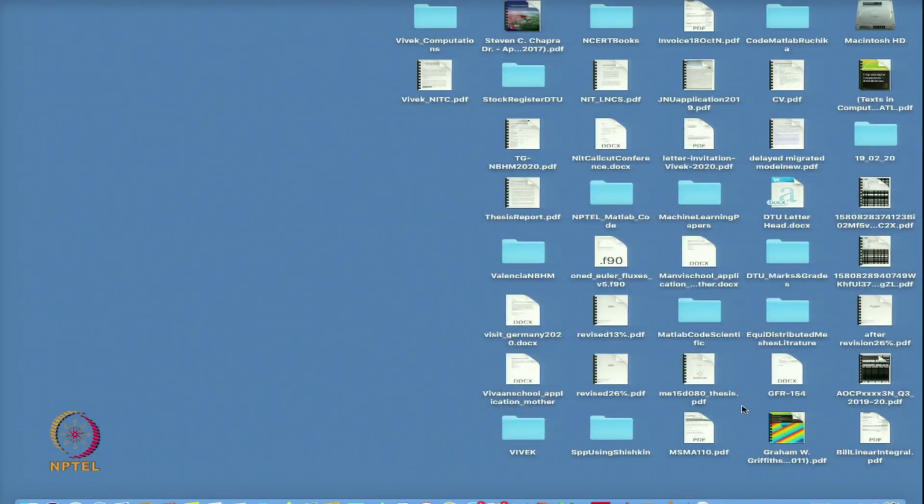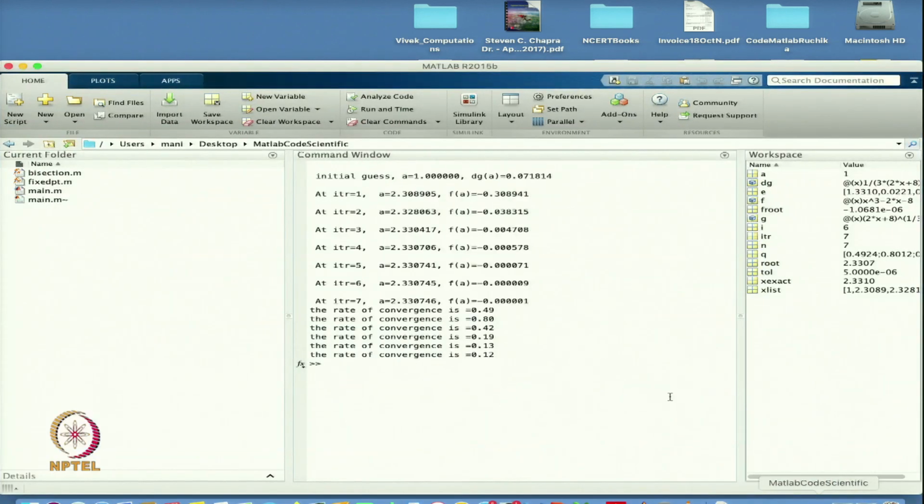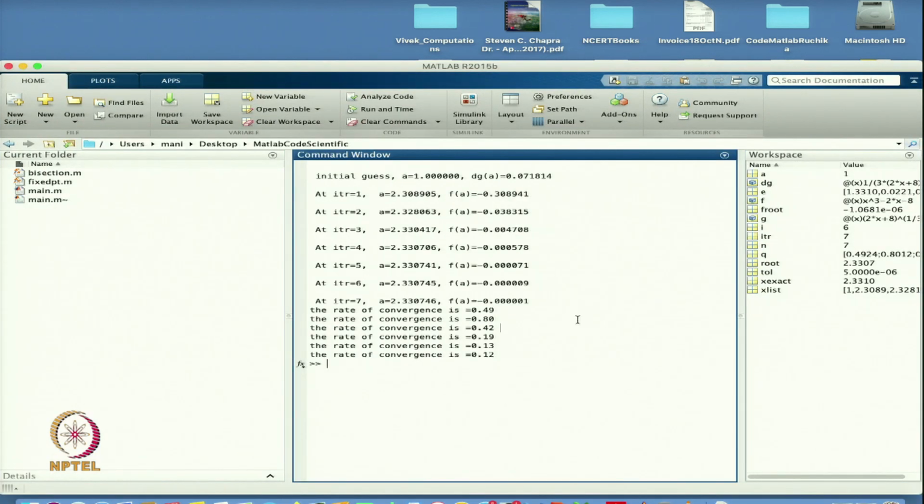Because we know that in the fixed point methods, our rate of convergence is always unique, meaning linear. It may happen that sometimes we get the rate of convergence depending upon the value of GA. So, based on the value of this GA, we can find the rate of convergence. So, in this case my rate of convergence is coming 0.12.